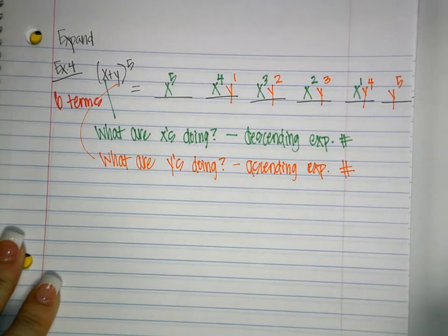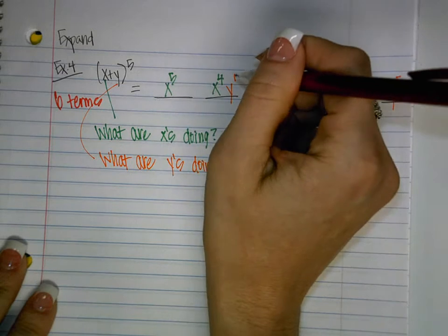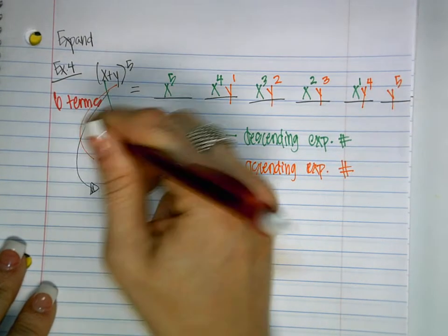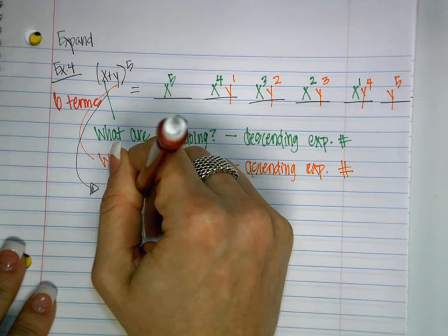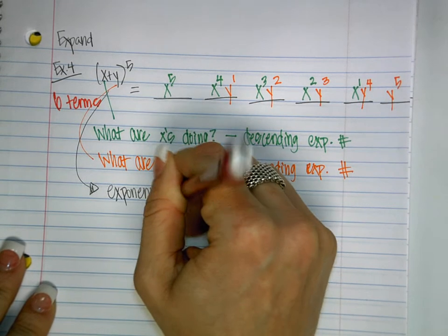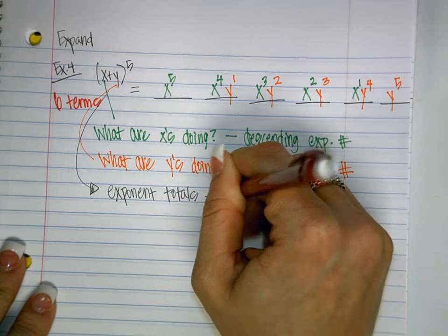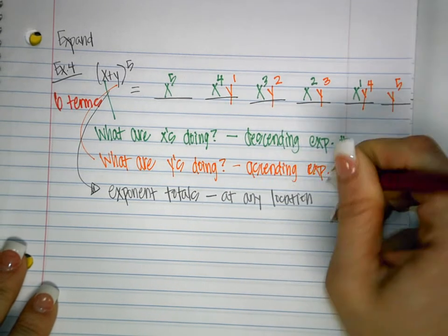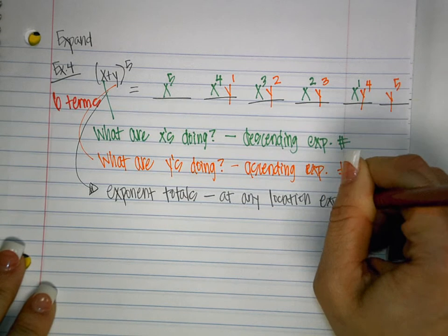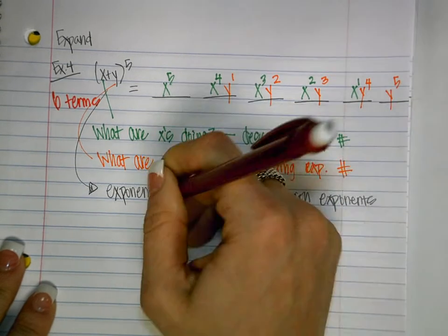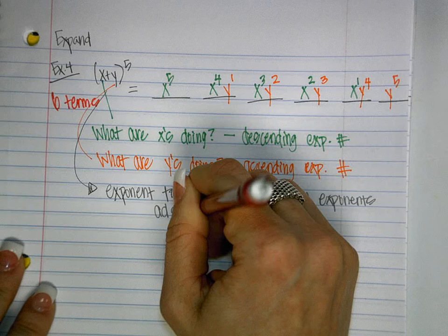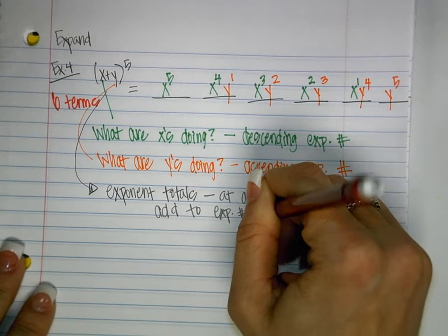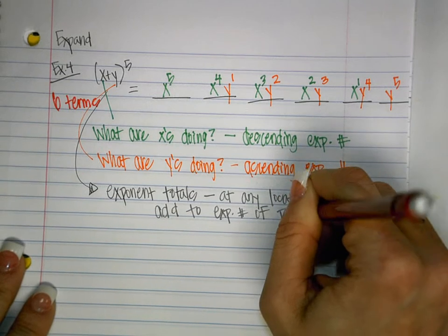What do you notice about the exponent totals? They always go 5. It adds up together. Exactly. Exponent totals at any location add to the exponent number of the original equation.